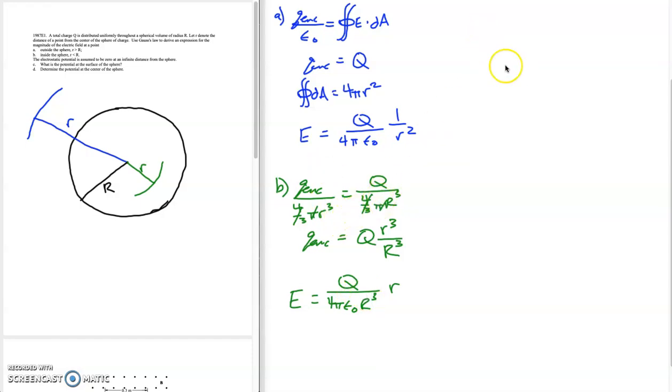All right, part C and D. So for part C, what is the potential at the surface of the sphere? Now, they tell us the electrostatic potential is assumed to be 0 at infinity. So you go really far away, and they tell us that the electric potential is 0 at r really big.